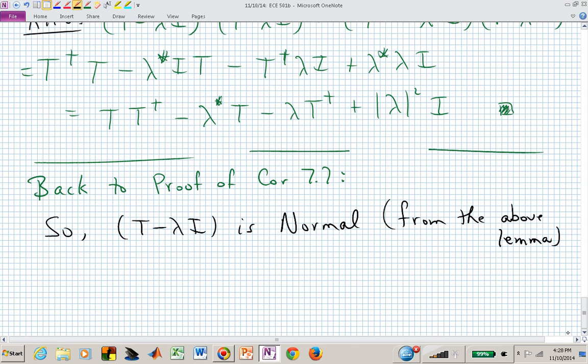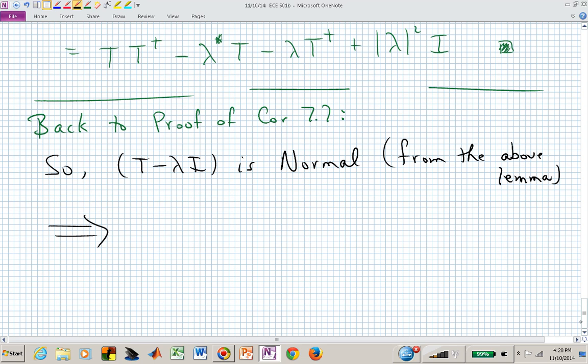From the above lemma. And if we know that some operator is normal, from an earlier proposition, Proposition 7.6, what did we know about the norm of that operator applied to a vector?